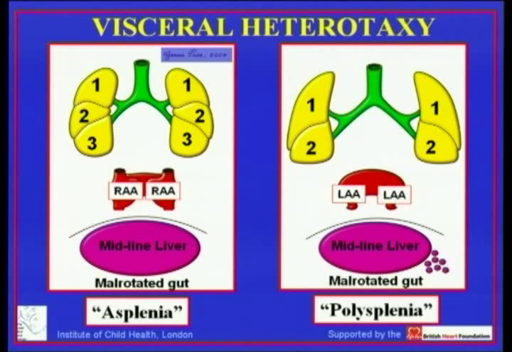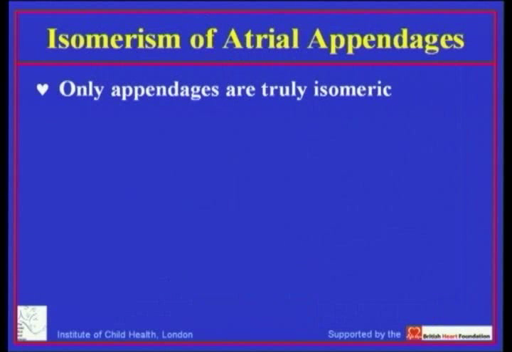It is my belief that the key to the analysis of this form of cardiac disease is the atrial appendages. And I should emphasize at this point that in the setting of visceral heterotaxy, it is only the appendages within the heart that are truly isomeric. So it is a mistake to talk about atrial isomerism.